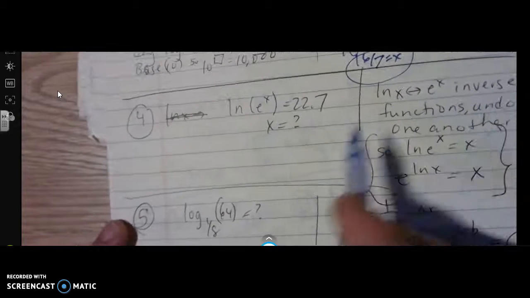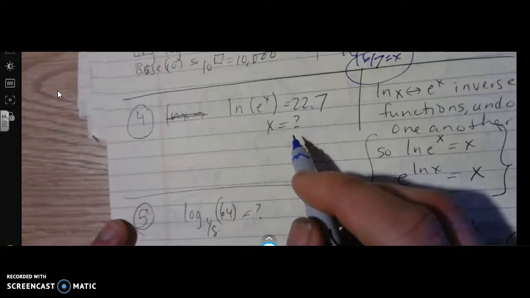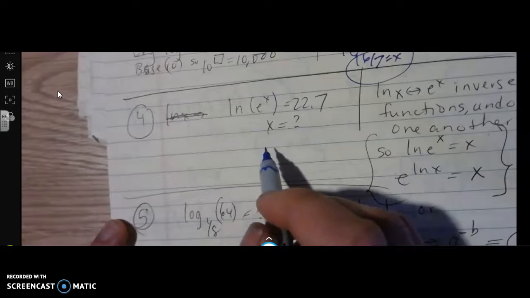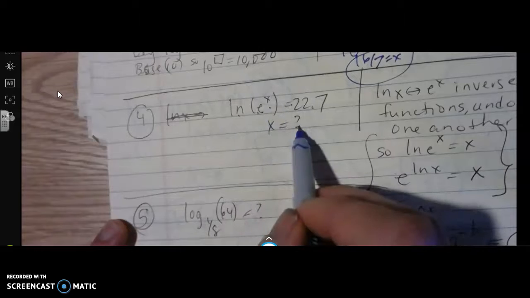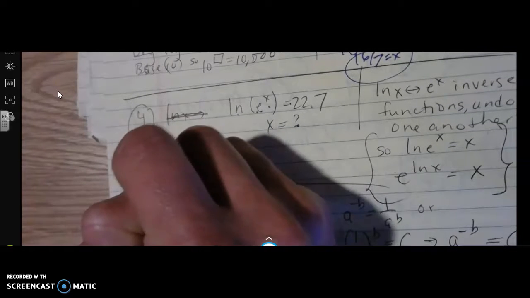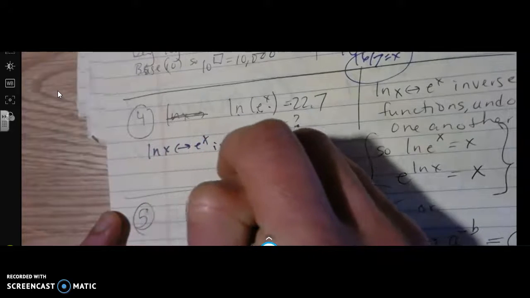So for instance, over here, we're trying to figure this one out, number 4. The trick here says ln of e to the x equals 22.7. Well, there's a rule that we need to know, and that is that ln x and e to the x are inverses.